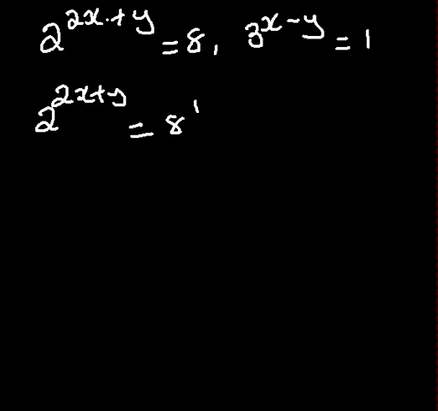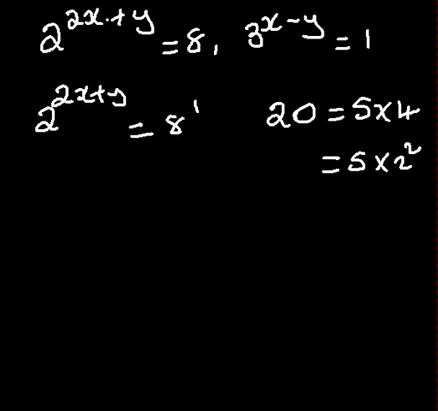For example, 20 cannot be expressed with a base other than 20 itself, but it is possible to have 5 times 4, which is the same as 5 times 2 to the power 2. So that is possible, but with 2 it is impossible.